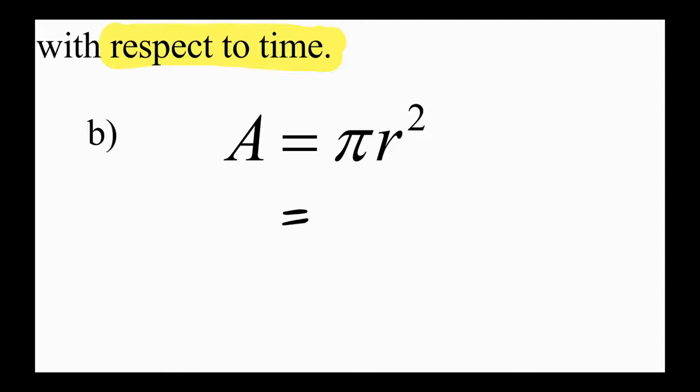No. Just 1. And then what else? It needs a tag because it's with respect to time. So you can put a 1 over here if you want. You don't have to put a 1 because it's implied it's a 1.